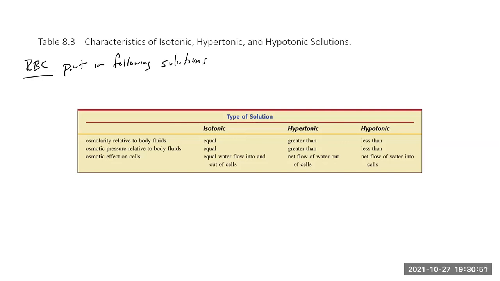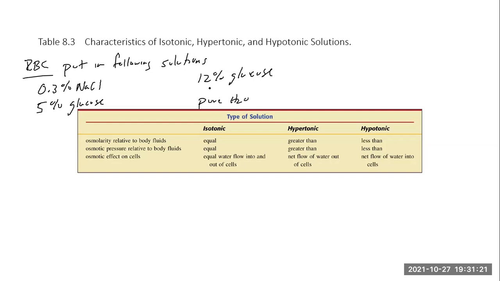Let's say we put it in a 0.3% sodium chloride solution. Let's say we put it into a 5% glucose solution. Let's say we put it into a 12% glucose solution. And let's say we put it into, say, pure water.